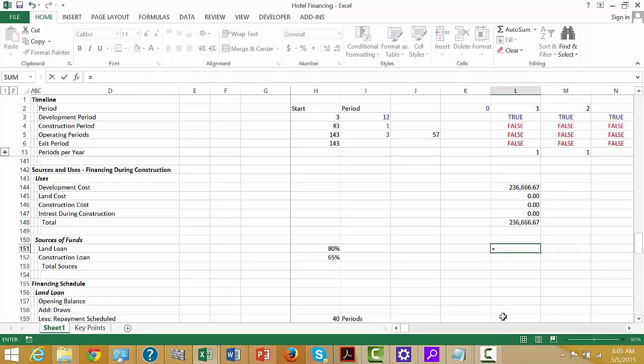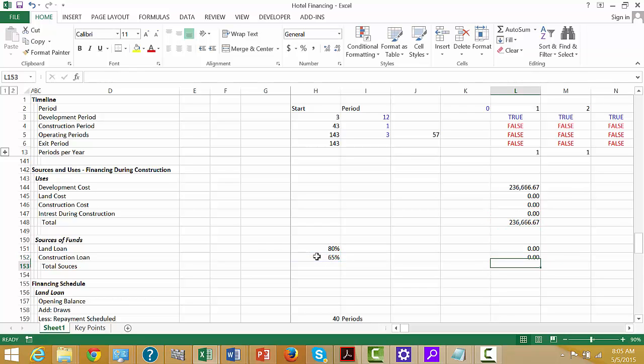Okay, and then we can take our land loan, which is at F4 because it's over here, multiplied by simply the land cost. That's not so hard, is it? As long as I get it in the right place. And then we take the construction loan and we multiply that by the construction cost.